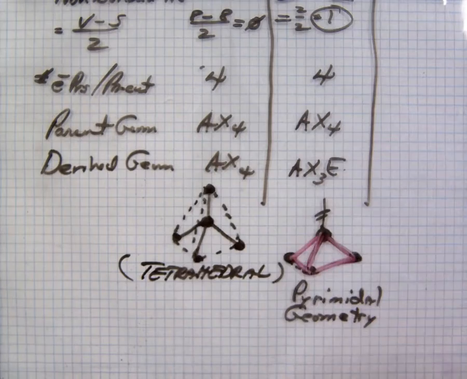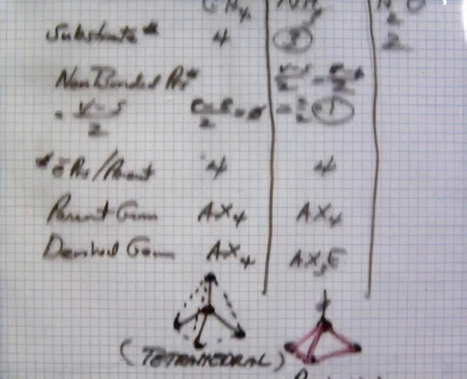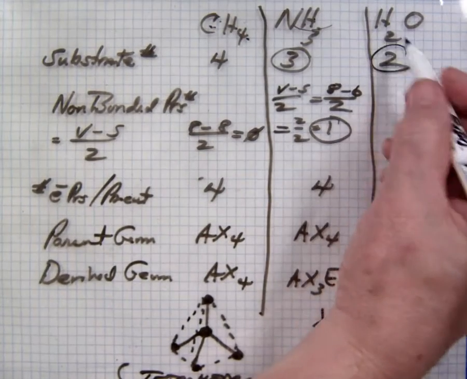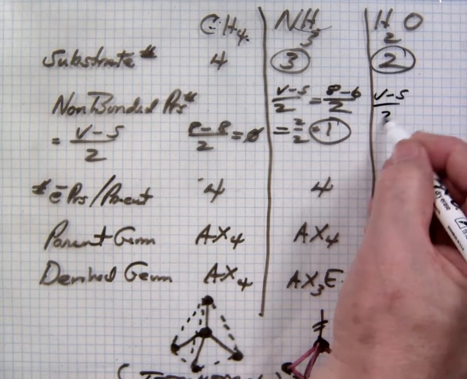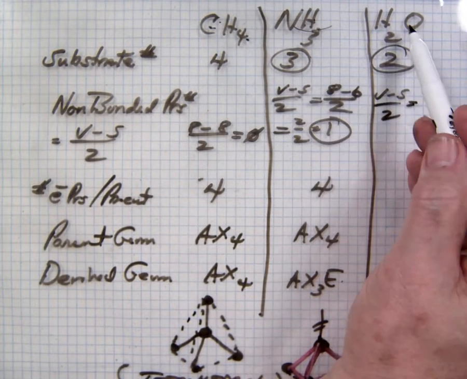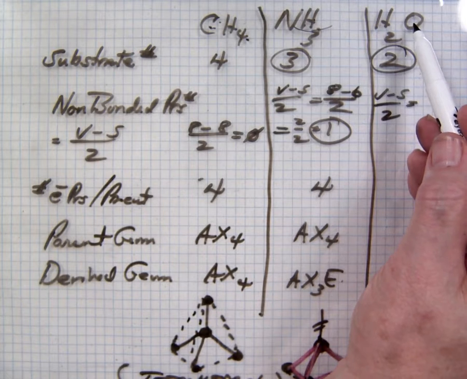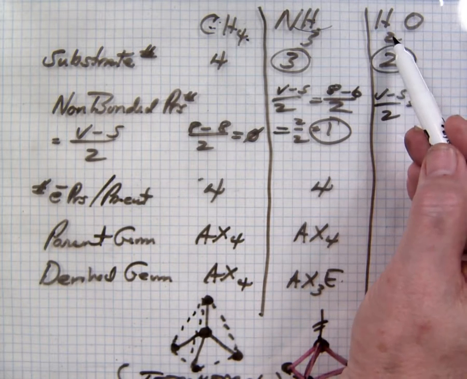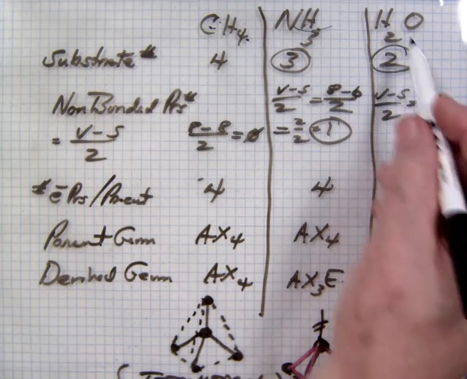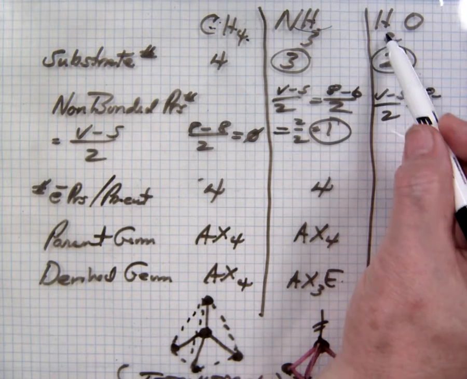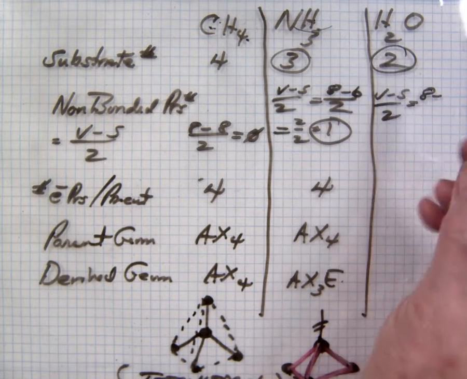So let's go back over here a little bit. We've got 2 bonded pairs, so we need valence minus substrate over 2. Well, the valence of oxygen is 6. Hydrogen's 1, and we have 2, so that's 8. Okay? And then your substrates, we have 2 substrates hooked on, so 2 times 2 is 4.